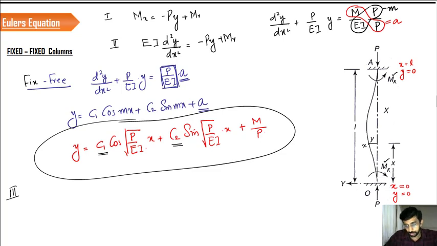Along with this, since it is a fixed end, the last boundary condition we can use here is, at x is equal to 0, dy by dx is equal to 0. Dy by dx is nothing but the slope. Let us consider this as boundary condition 1, this as boundary condition 2, and this as boundary condition 3.